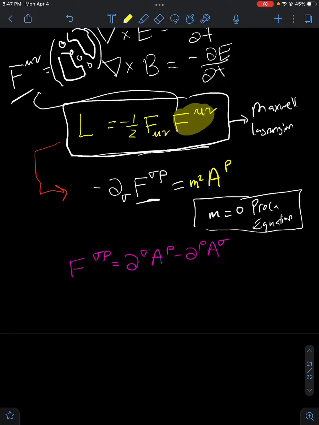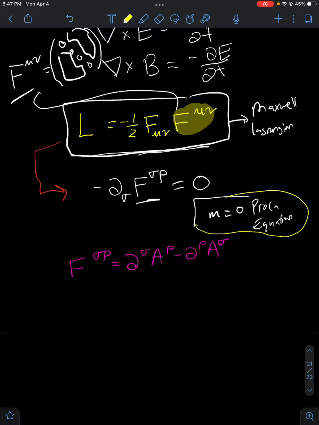But since mass equals 0 for light, this term just drops out to being 0. So light does technically obey the Proca equation, but in general, for the case where mass is not 0, light will not obey the Proca equation. But for the case where mass is 0, it will obey the Proca equation.